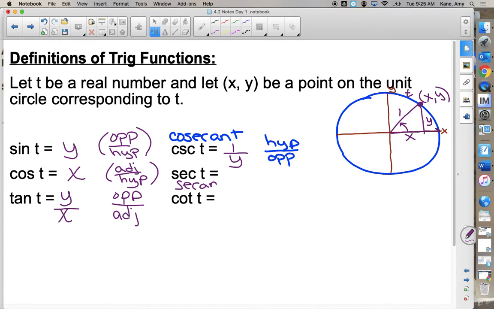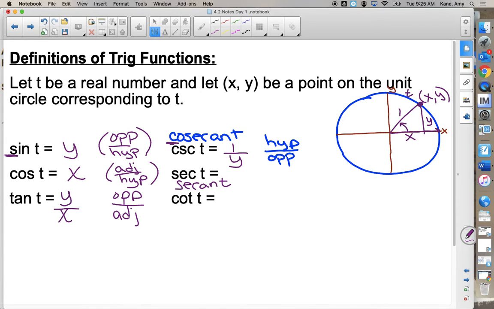And I know you're thinking, gee, it would make more sense if the secant and cosecant went together. But they aren't the original three functions. So sine was an original function, cosine is an original function, and the tangent is the original function. Anytime you pair them up, the sine and the cosecant, you have to have an S function with a C function.